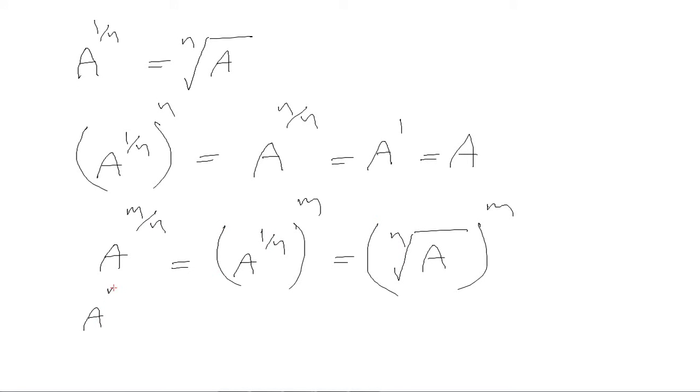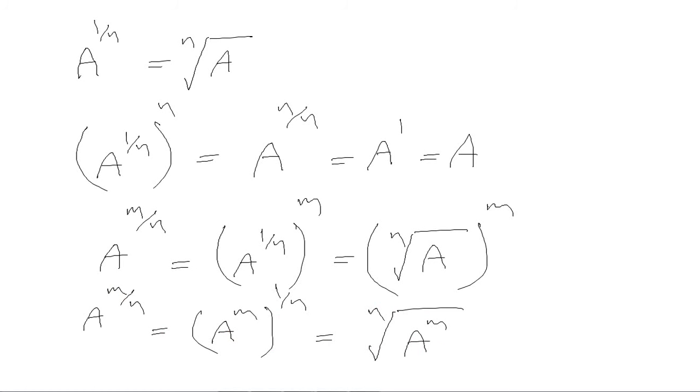A to the power of m over n can also be written as a to the power of m, this whole thing raised to the power of 1 over n. So this would be the radical index n of a to the power of m.